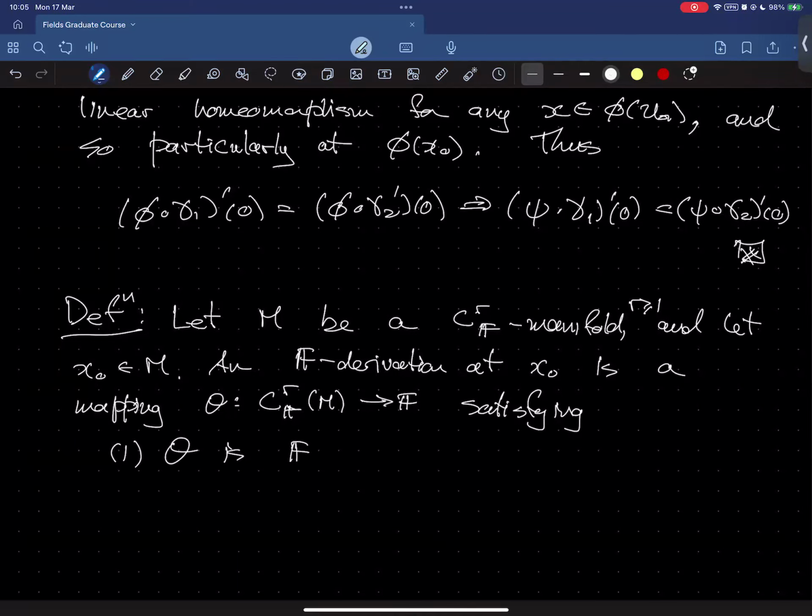Okay, so there's a list of statements that I'm going to give here. First, sorry, notation: Der_{x0}(C^∞) is the set of derivations at x naught.